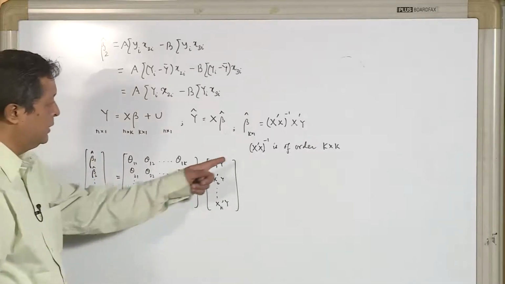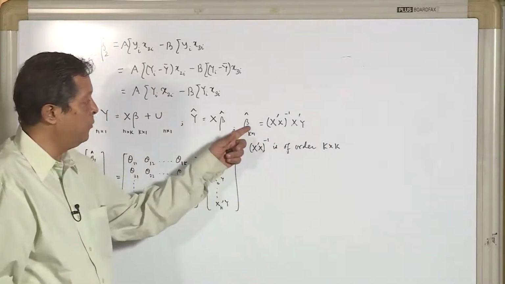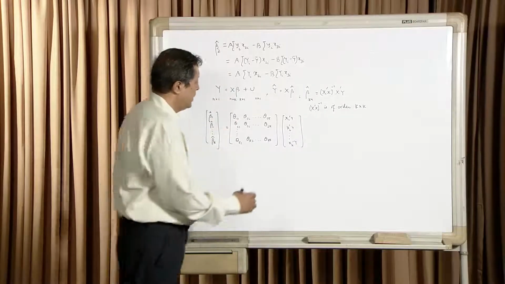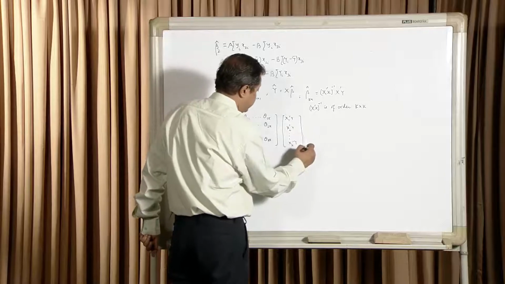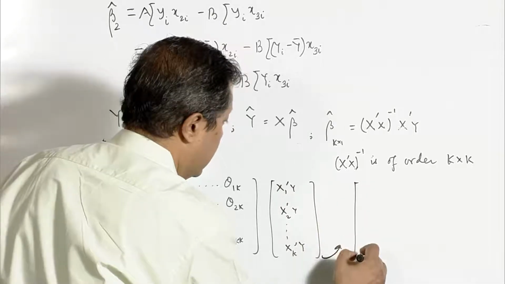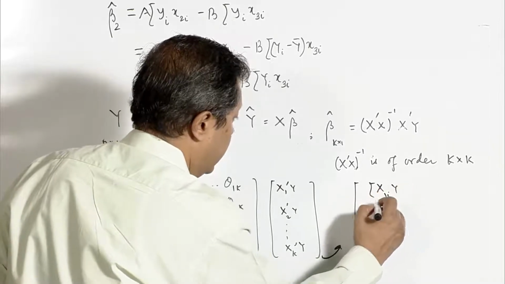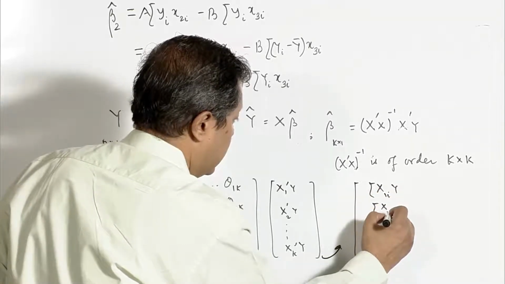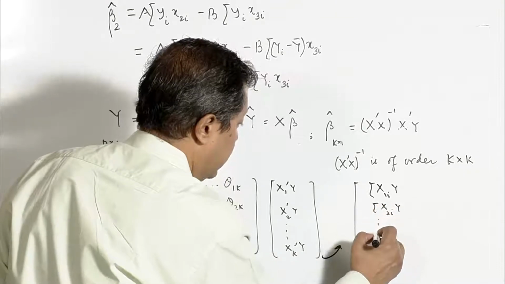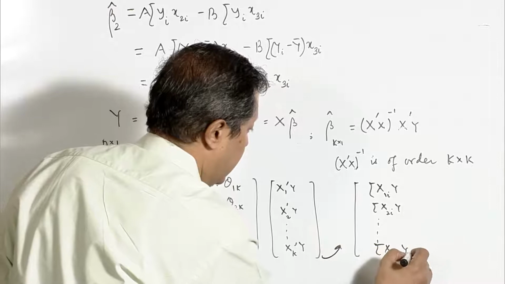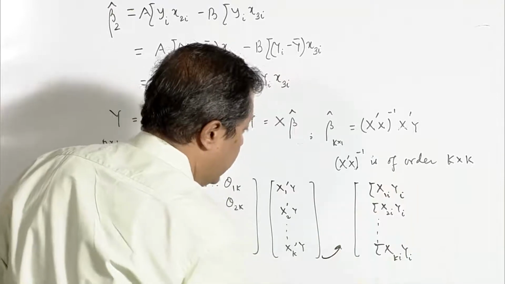So, that is the estimate of beta, given by beta hat, and this can be written as summation x1i y, summation x2i y, going up to summation xki y, with subscripts i everywhere.